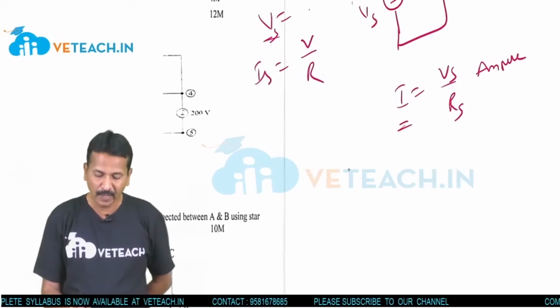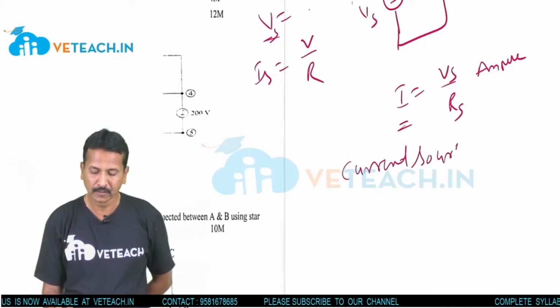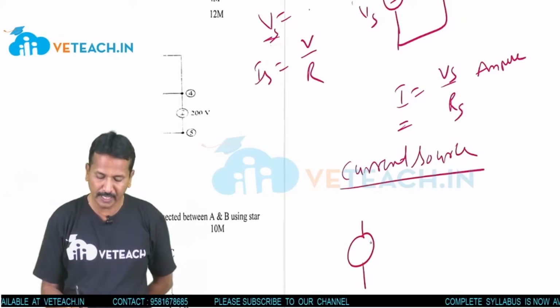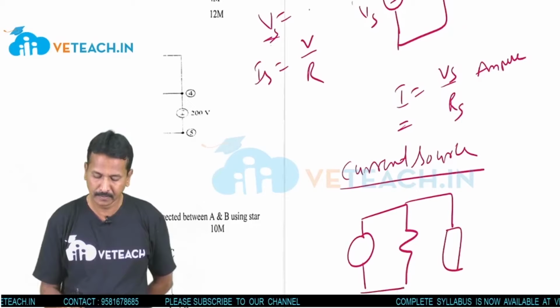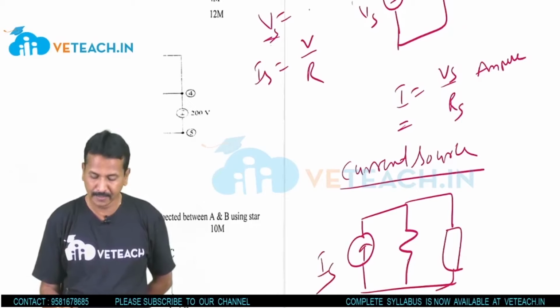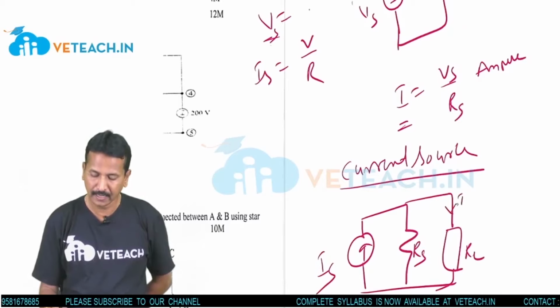The same way, the current source. How do we draw the current source equivalent circuit diagram? Yes, Is, this is Rs, RL and IL.